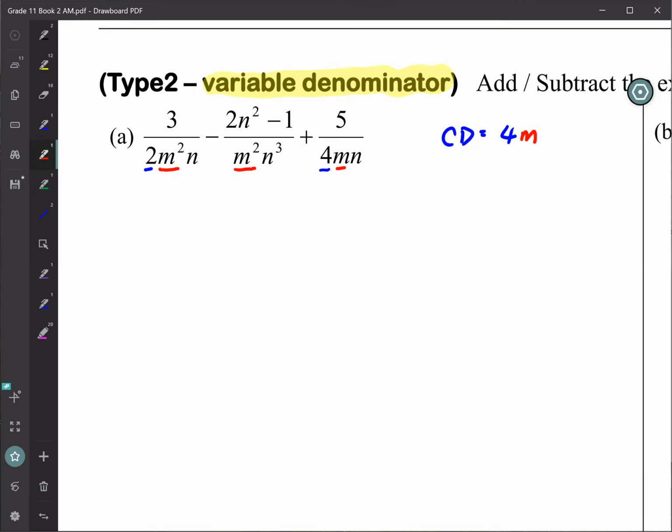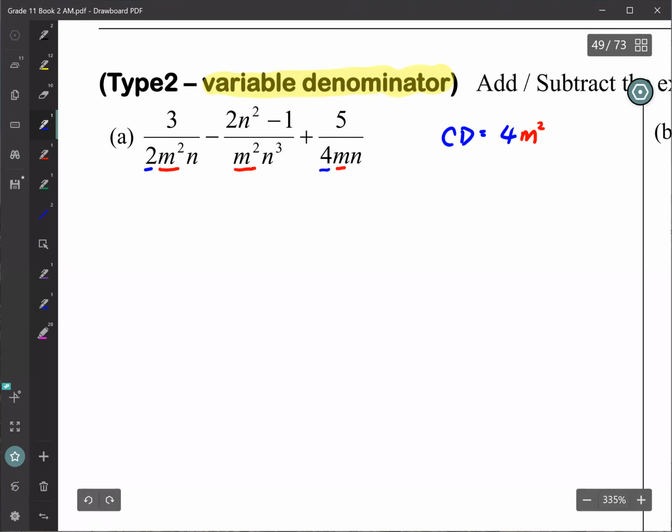Sorry, I cannot hear you. You gotta speak closer to your mic. No. No, okay. So what should we use to include m squared and m? M squared. Yeah, so we need to use at least m squared.